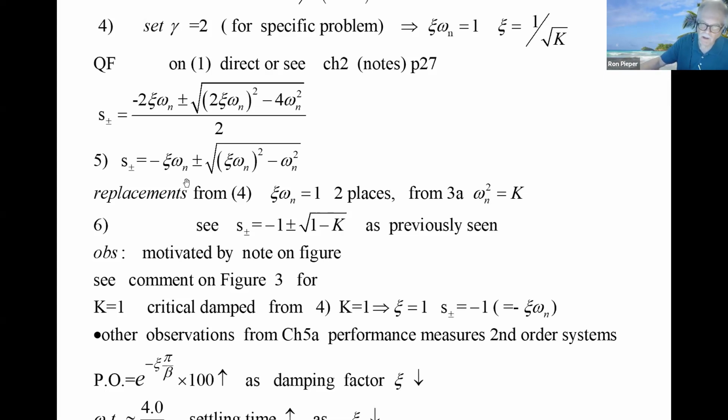Is we see that because the damping ratio natural frequency product is equal to 1, this term is a -1. Okay.